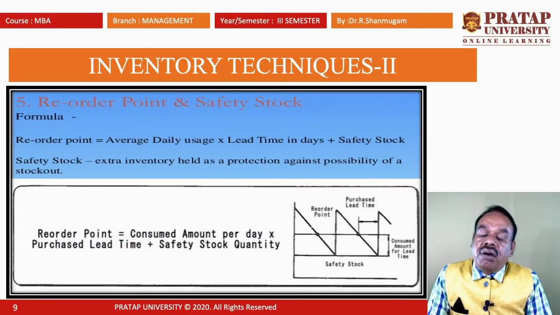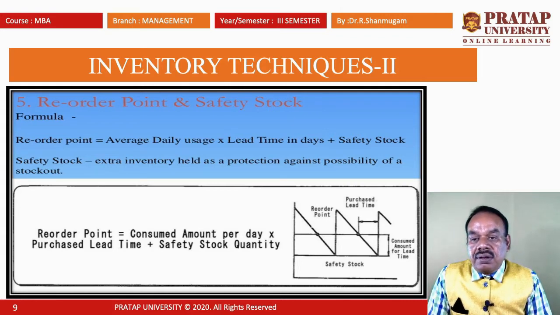Reorder point or safety stock. Every organization always maintains a minimum safety stock. We have to apply the formula: reorder point equal to average daily usage into lead time in days plus safety stock. Safety stock is the extra inventory held as a protection against the possibility of stock out.